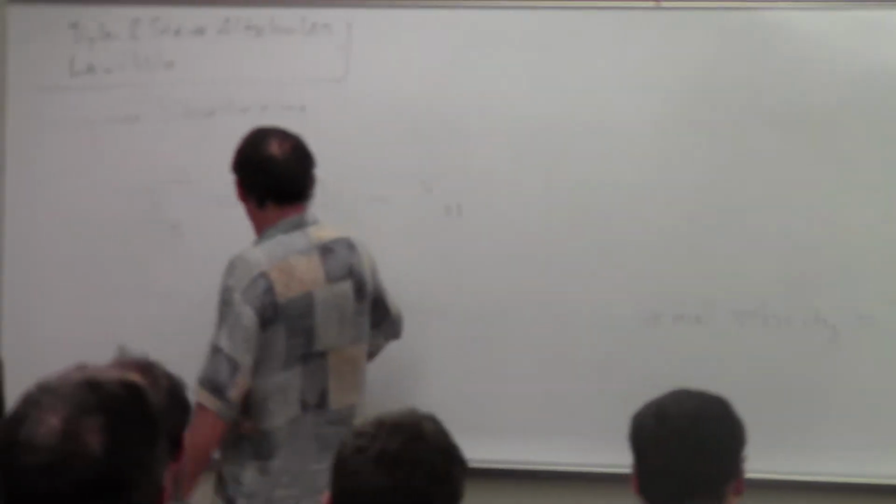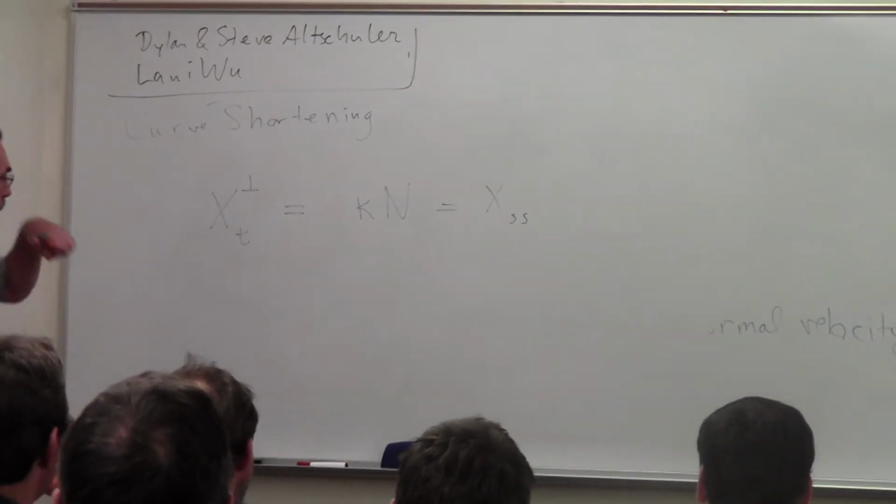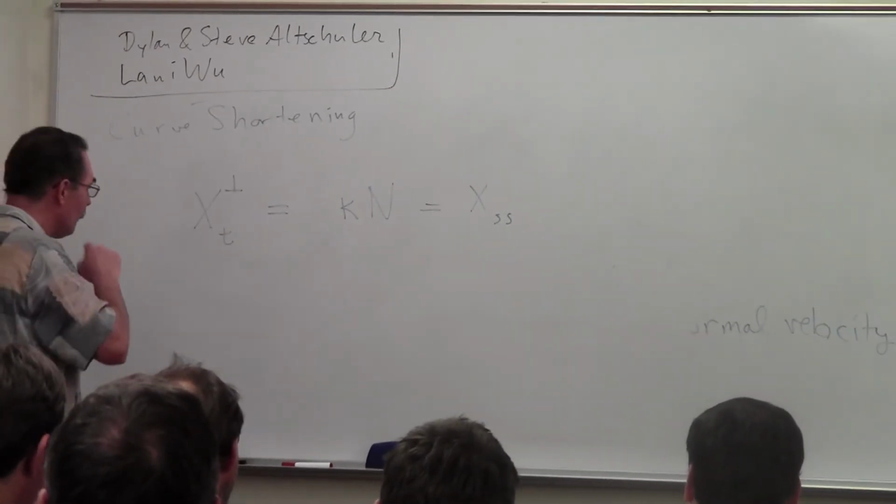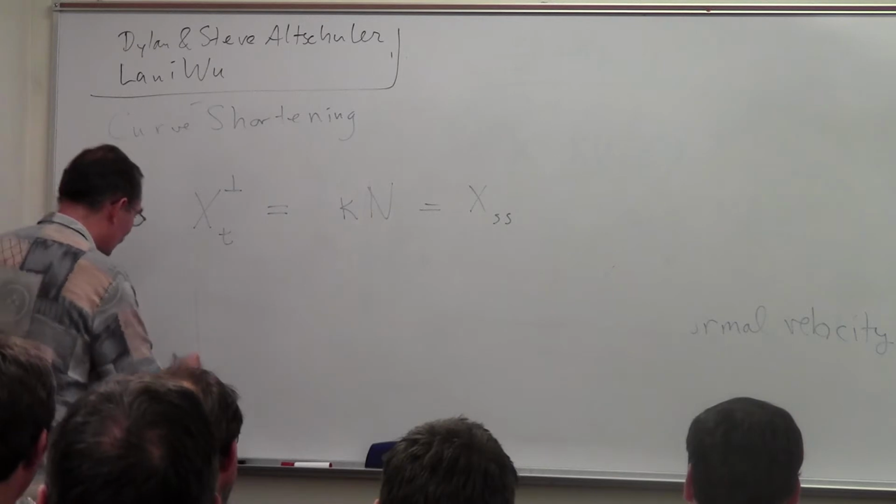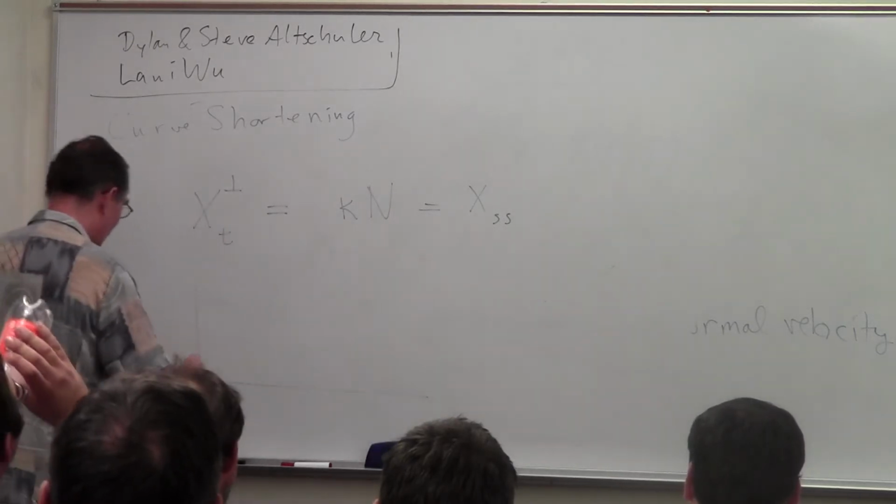This is a partial differential equation, and if you write it out in coordinates, there's a lot to be said here. If I do that, I'll run over time in a very bad way.